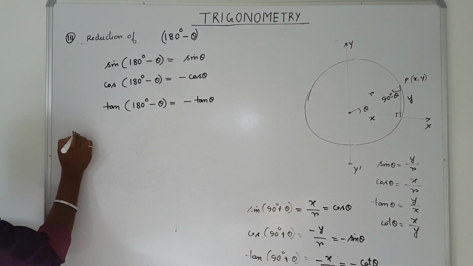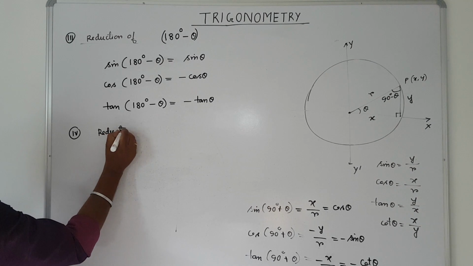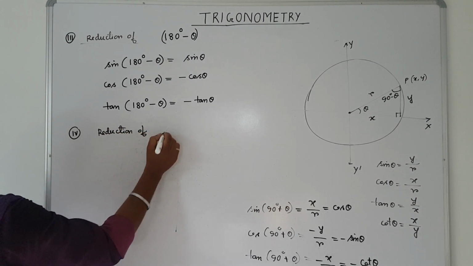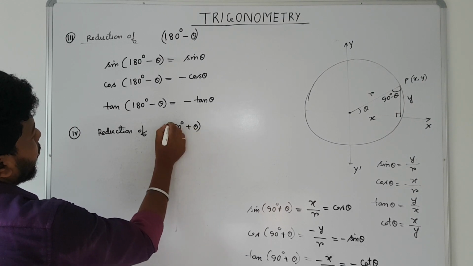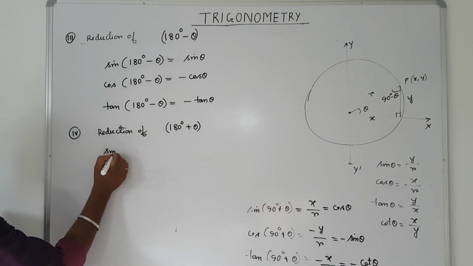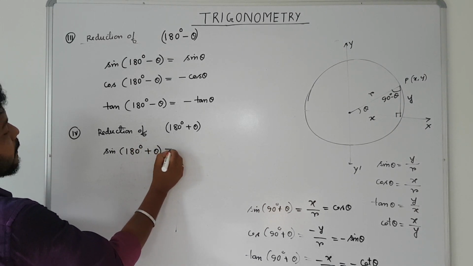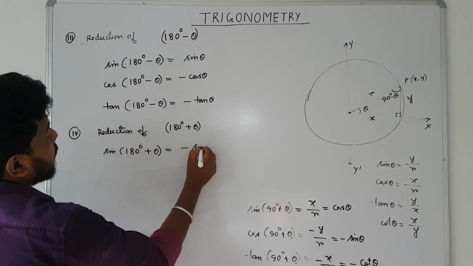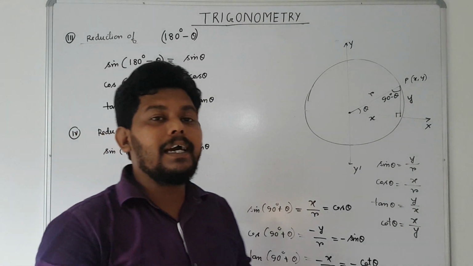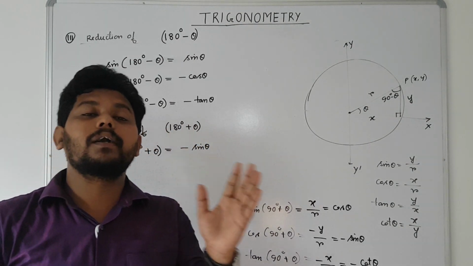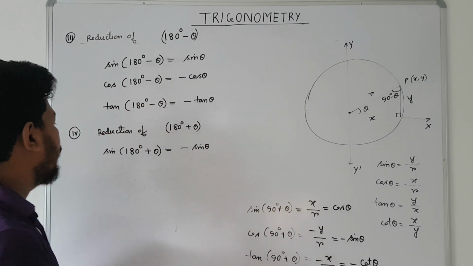Similarly, number 4 will be reduction of 180 degree plus theta. Sine of 180 degree plus theta is equal to minus sine theta. Now this is 180 degree plus theta, so the angle reaches the third quadrant. In third quadrant sine is negative, so it is a minus sine.